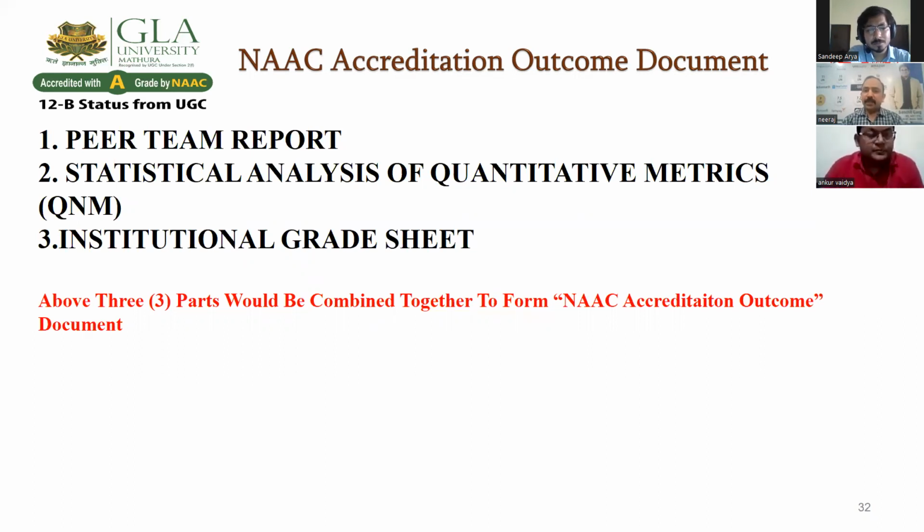Statistical analysis of the quantitative metrics: again, you have the analysis of your quantitative metrics, which is taken care of by the DBB, and the institutional grade sheet. Combined, these give you a grade for a particular HEI or university.